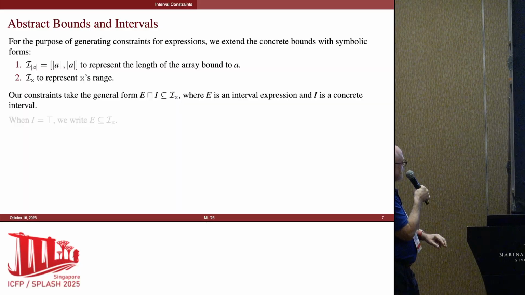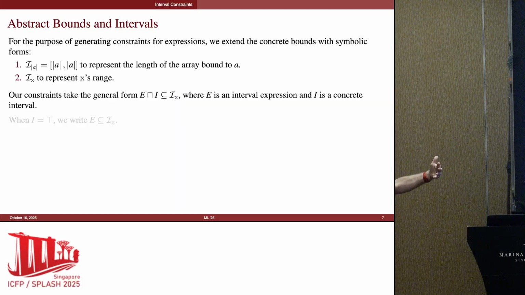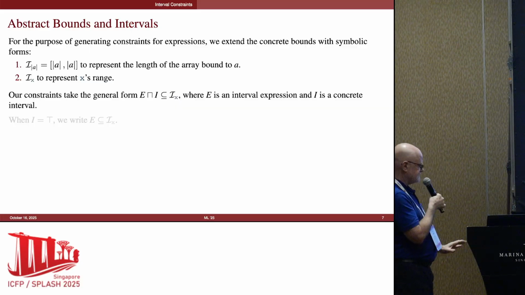And then we can say that that's in the subset of the interval for x. Basically that represents the flow of information, right? The stuff on the left is what we're defining in terms of computation, and that's going to flow into the definition of x.